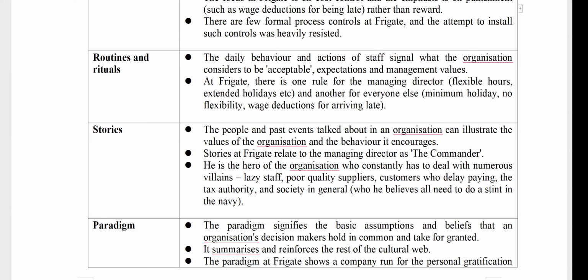So you saw that this man believed he's a hero in his own story, right? Where he has to face lazy staff. He alone believes he's perfect. Like people are bad. People are always trying to dupe him. The tax authority is stealing his money. So to him, those are the stories, right?